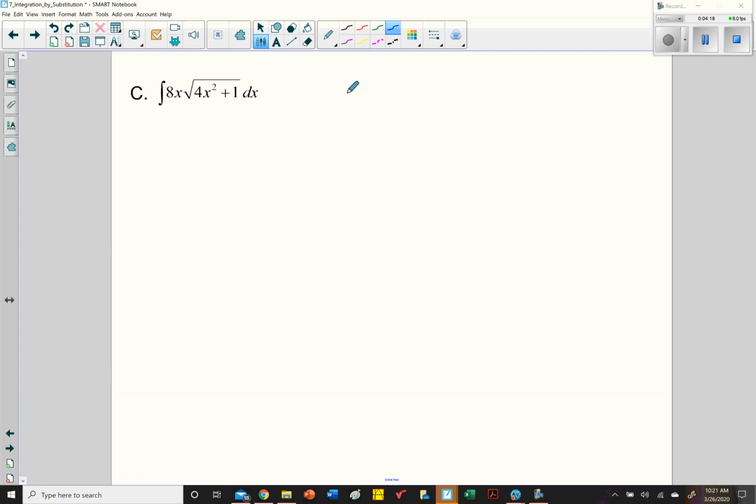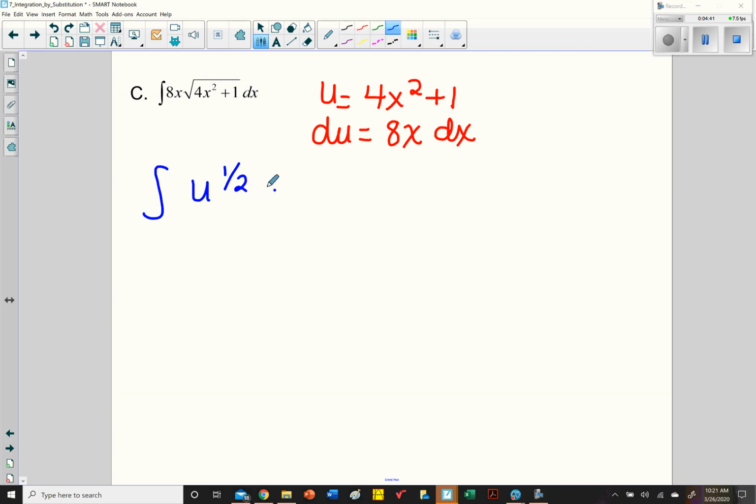Moving on to part C, the 4x squared plus 1 would be a good U-substitute since the derivative is 8x with respect to x. 8x dx is the replacement. So we've got the square root of u, and du takes care of everything except the radical.